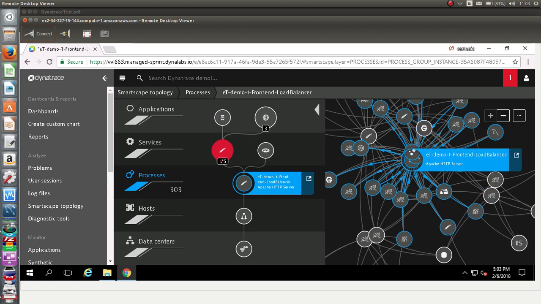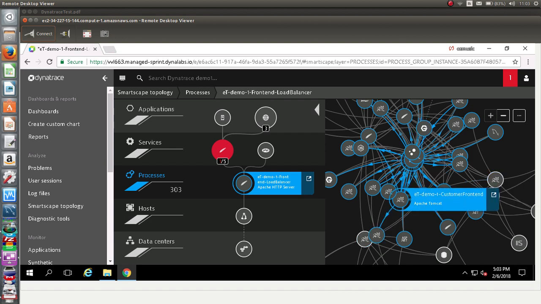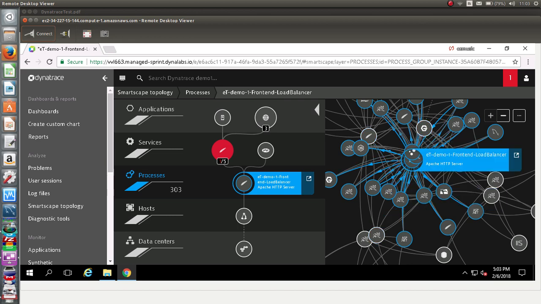Okay, we have this process. The arrows going outside are the processes that are being called by this main process. The arrows coming in are the processes that are calling our ET demo front end. Okay, so this is the horizontal relationship that is shown by the Dynatrace Smartscape topology.